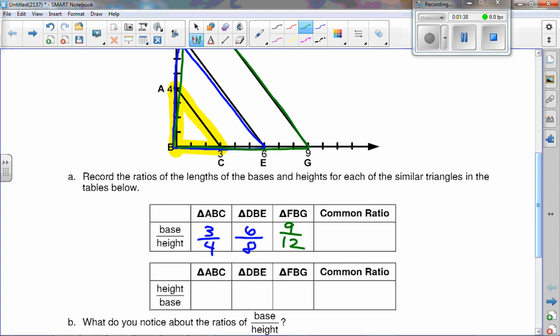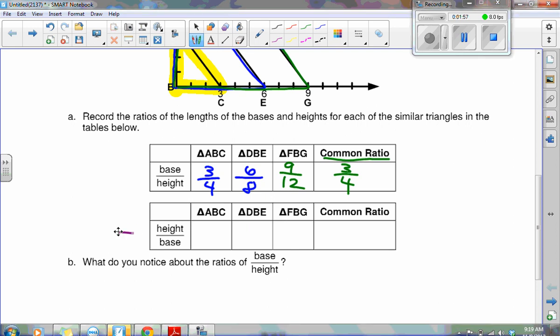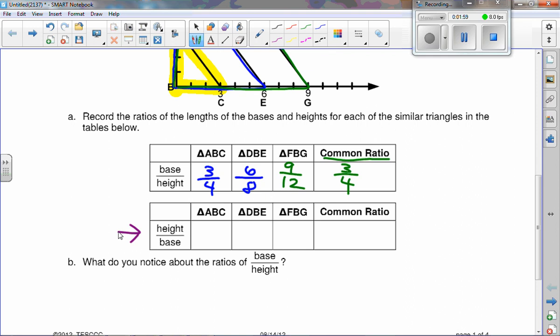Now, if you will take each of those fractions and simplify them, our common ratio is 3/4. Okay, let's continue with height divided by base. That is in the next table. We have the height of ABC measures 4 and the base is 3.